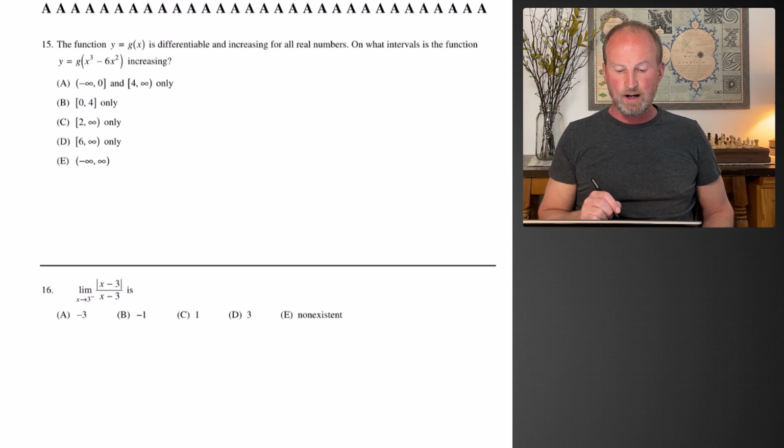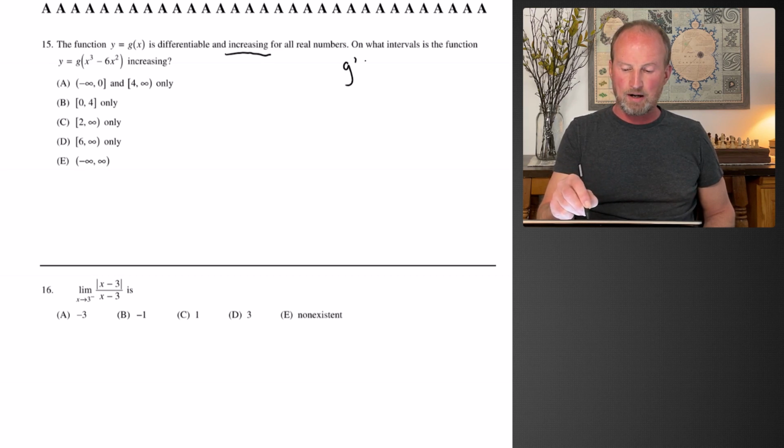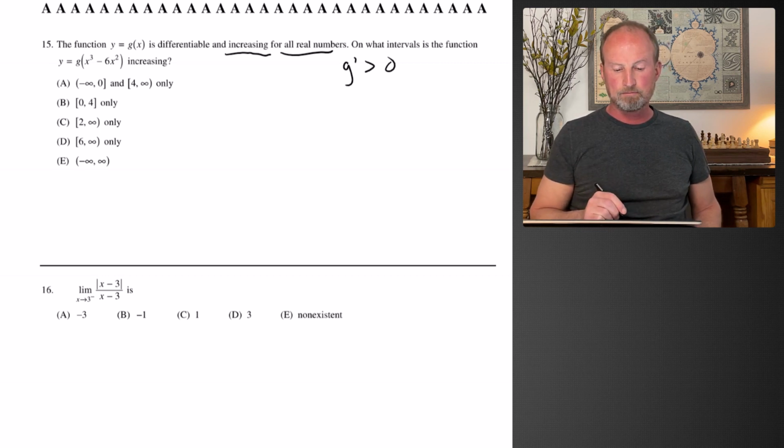Number 15. Y is equal to this function they're naming g of x. It's differentiable and increasing. What does that mean? That means that g prime is greater than 0 for all real numbers. So on what intervals is y equals g of, not x this time, but x cubed minus 6x squared?